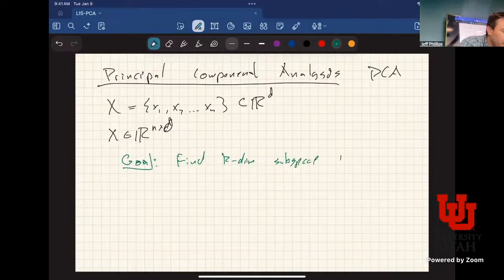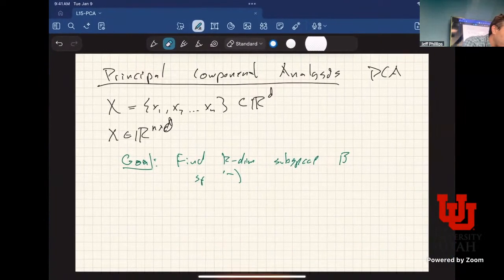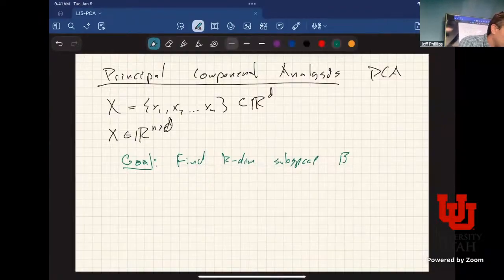I'm going to call this B now. Yes, k-dimensional subspace is actually the technical right term.